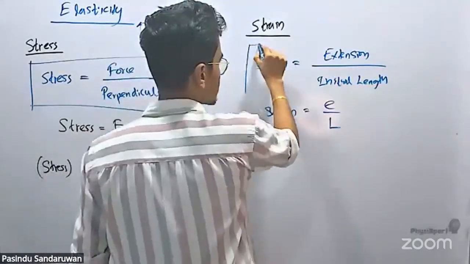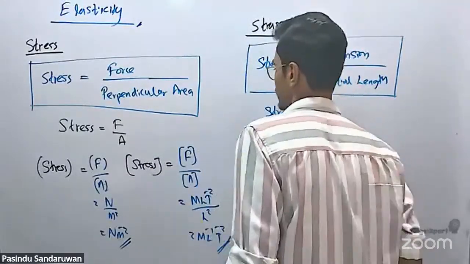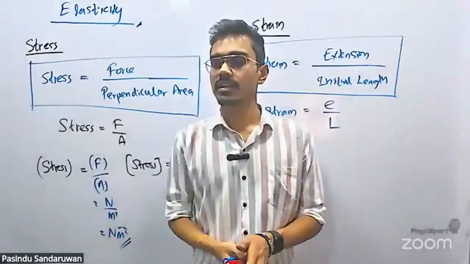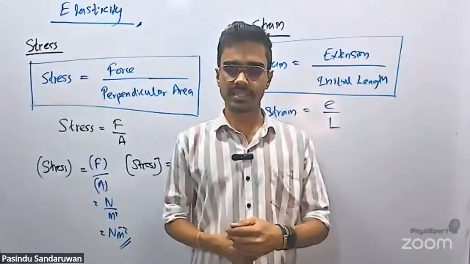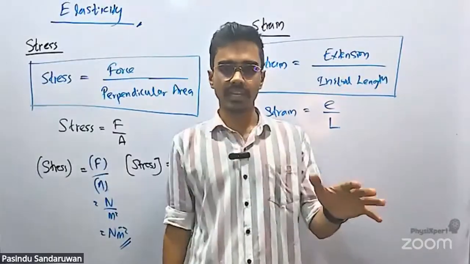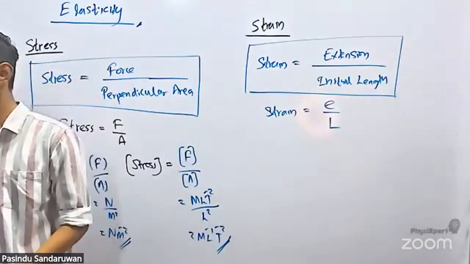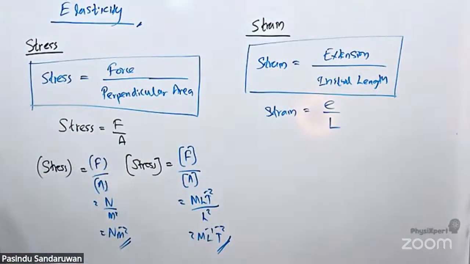Now, when we say extension, from springs also you know, that is not only about extension in physics. For both extensions and contractions, commonly we use extension, right? Take it down.